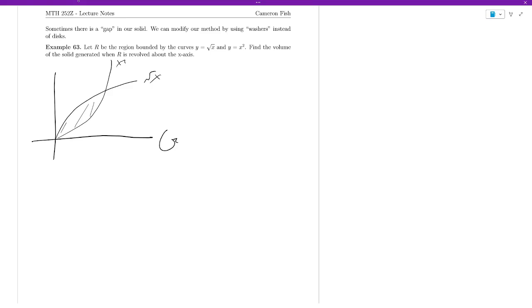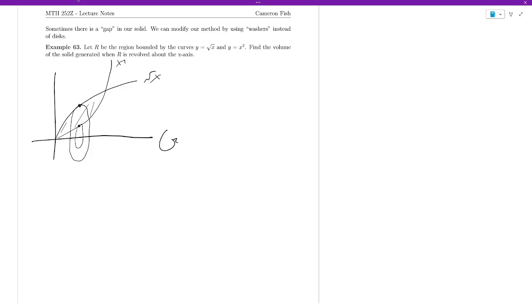There are points on the inner edge, and there are points on the outer edge. When I rotate this point on the inner edge around, it's going to trace out a circle like that. The point on the outer edge is also going to rotate and trace out a circle.